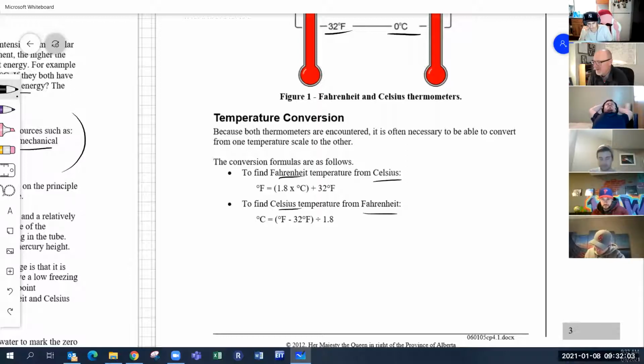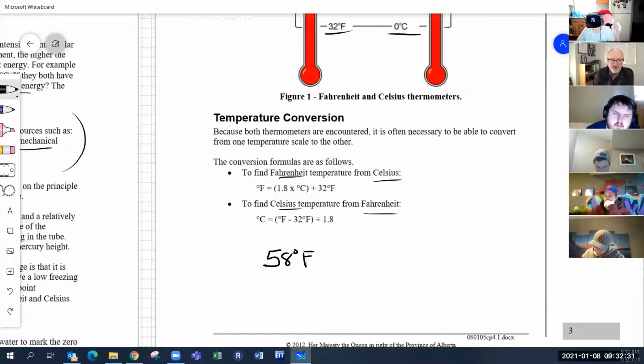Now I have an American vehicle, and all of the temperatures in the car are in Fahrenheit, right? So on my dash, it will say it is 58 degrees Fahrenheit outside, right? So can somebody tell me what that is in Celsius?